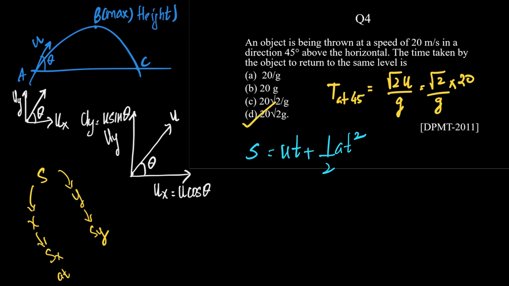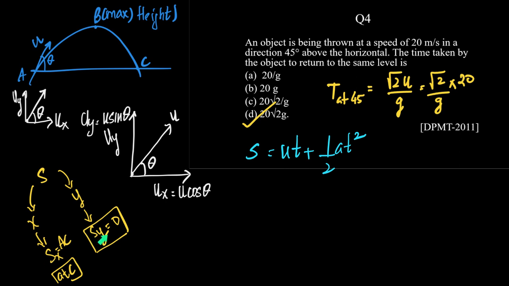It means that at C, Sx is equal to AC and Sy is equal to 0. That is, displacement has two components, vertical component Sy and horizontal component Sx. As velocity has two components, ux and uy, displacement will also have two components, Sy and Sx.